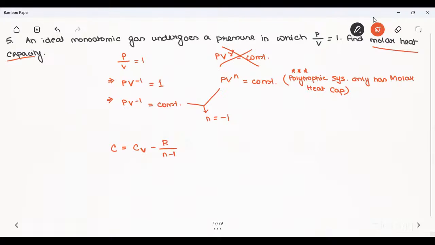Just put the values. What is CV? What is the value of n? In your exam, exactly this was given. They didn't calculate 2R also. They wrote just this only.